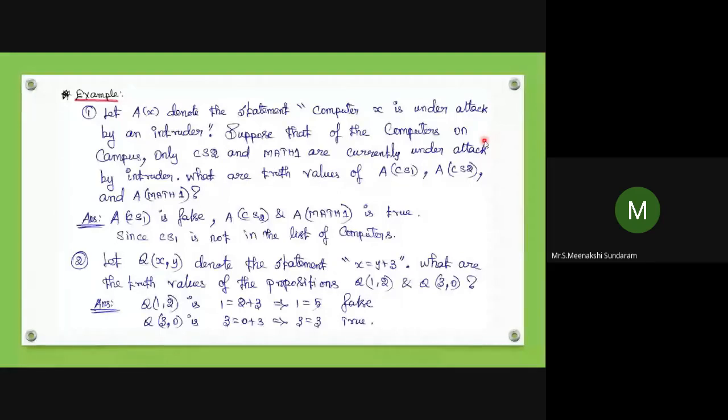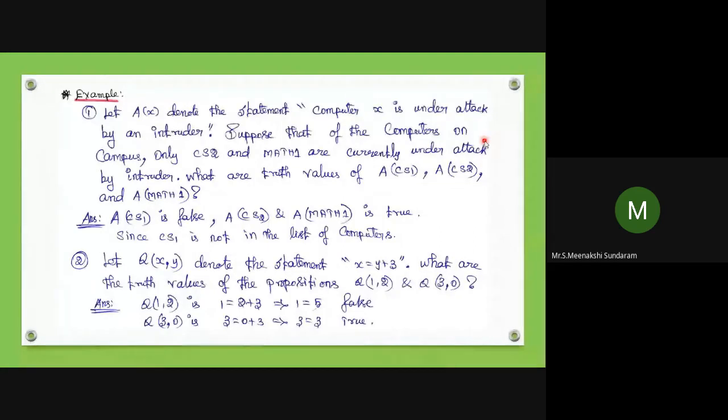Substitute in the given statement x is equal to y plus 3 and check whether the equality is satisfied. If it is satisfied, you can say it is true. If it is not satisfied, then it is false.